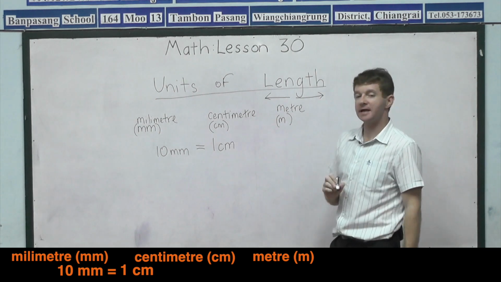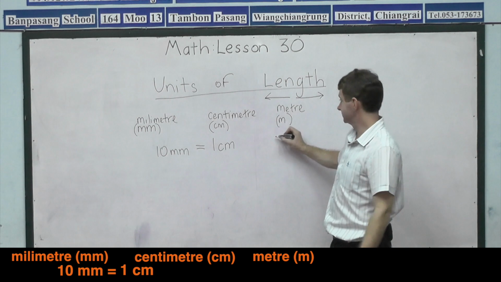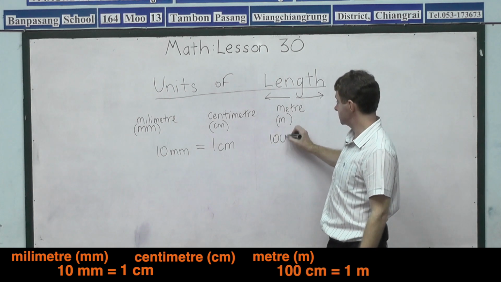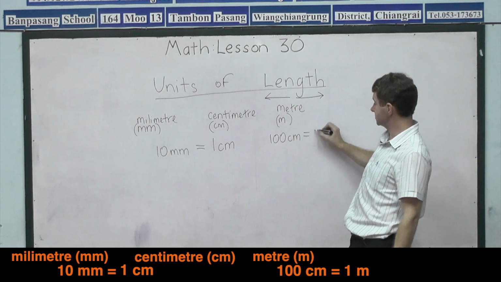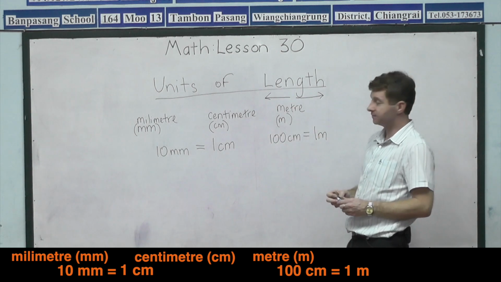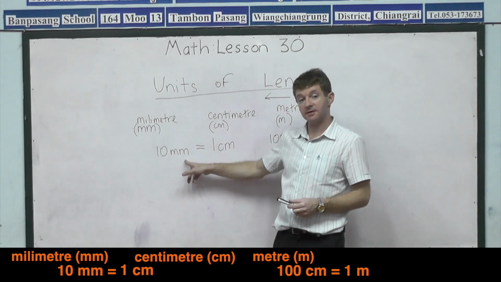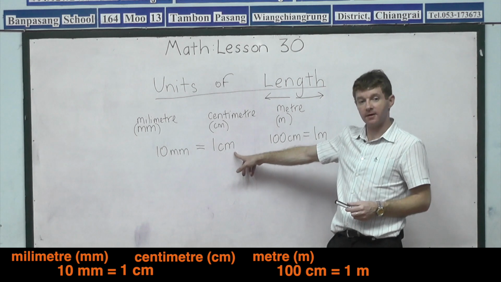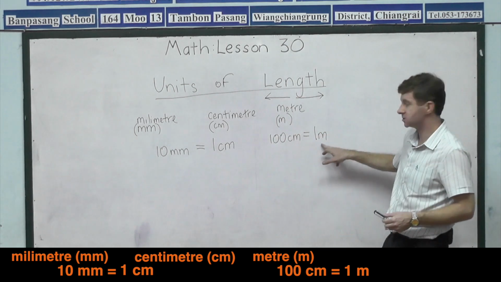So, how many centimeters equals 1 meter? 100 centimeters equals 1 meter. Okay, so if 10 millimeters equals 1 centimeter, how many millimeters equals 1 meter?